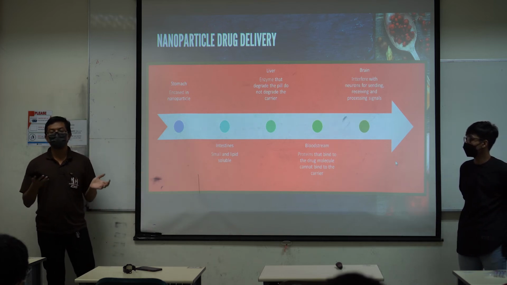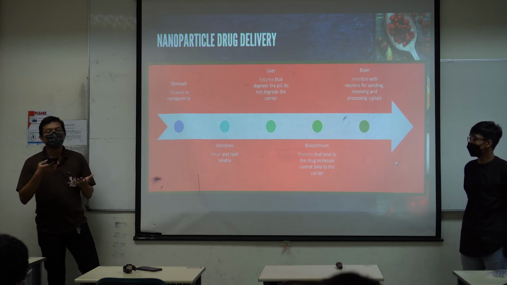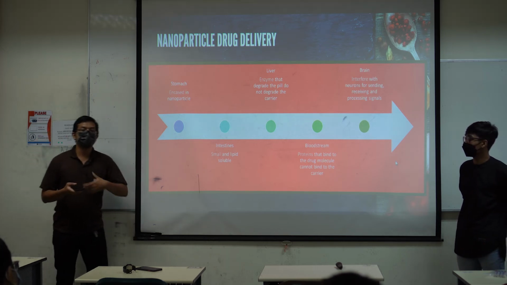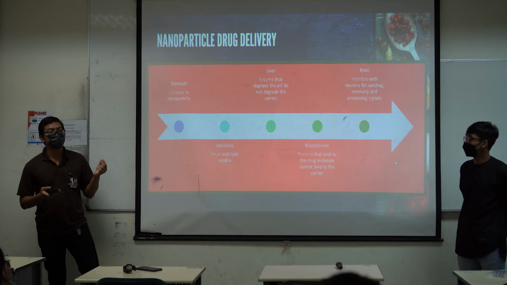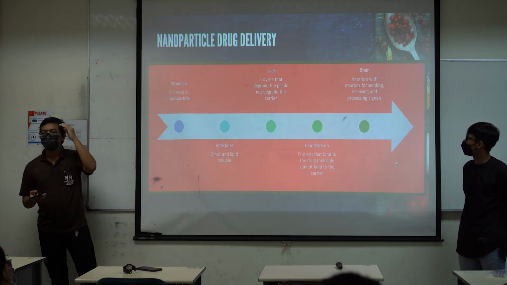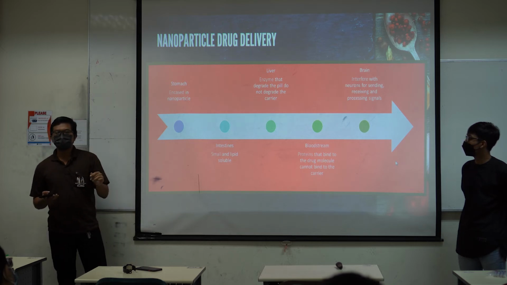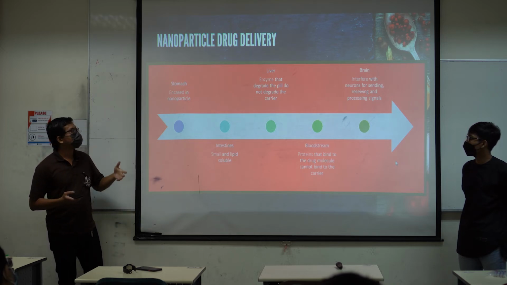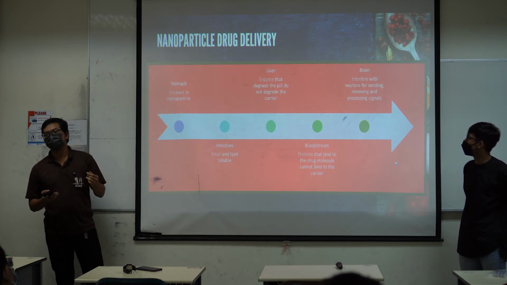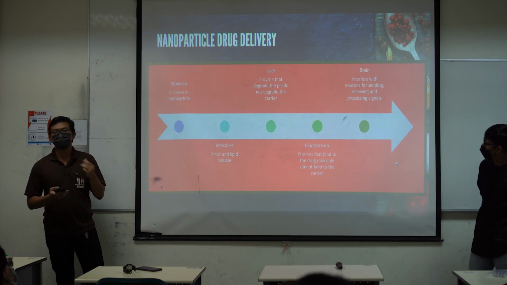So proteins can bind with protein, and it can create another compound and degrade some of the pill. But now in the carrier again, it is not degraded, and it reaches the brain. When it reaches the brain, it can interfere with neurons for sending, receiving, and processing signals.